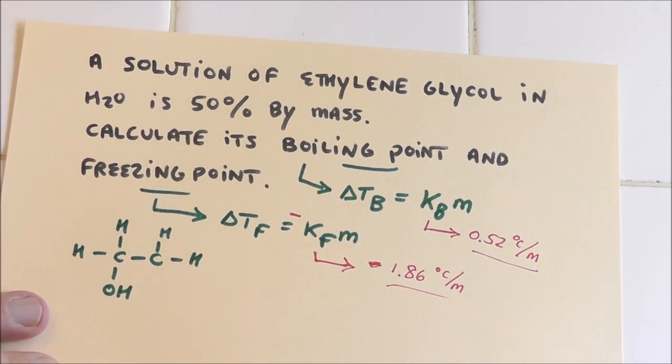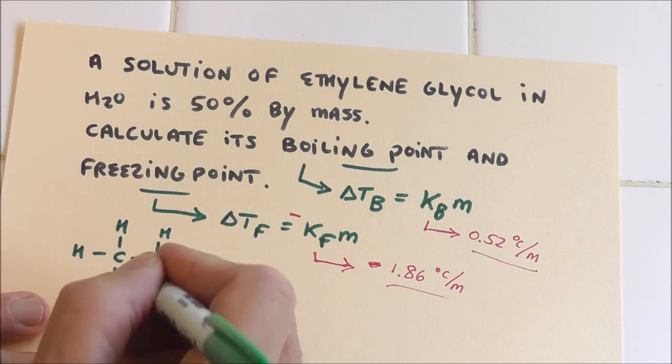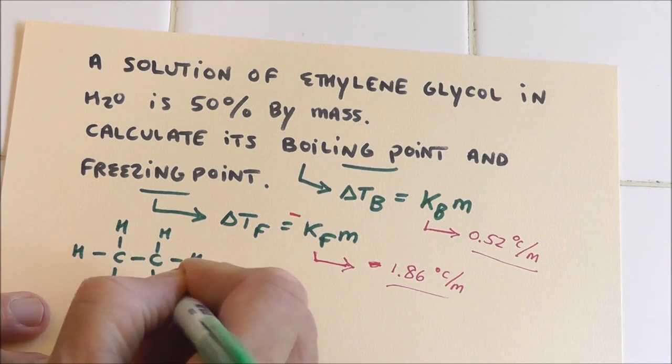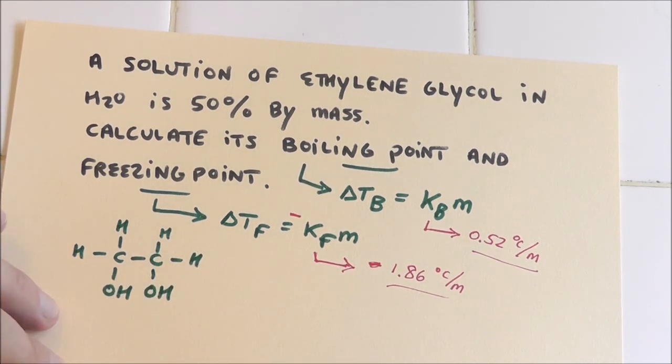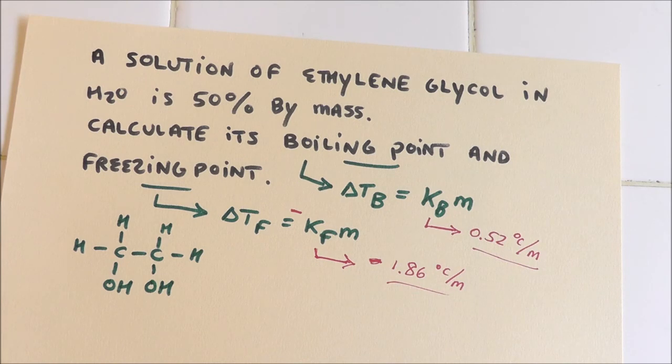And then that would be ethanol, but it's like an ethanol with 2 OHs. So it's super polar because it's got 2 OHs. It's pretty darn heavy, and that's why its vapor pressure isn't very high at all. And so this is a liquid that you would mix, and when you go buy it at the store, they dye it colors so you can tell if you have a leak.